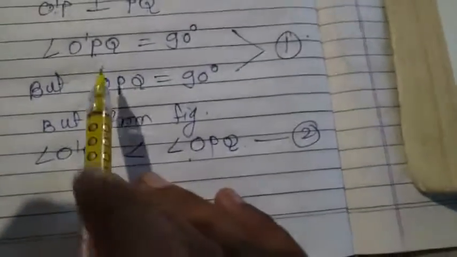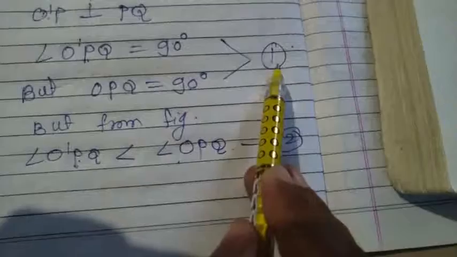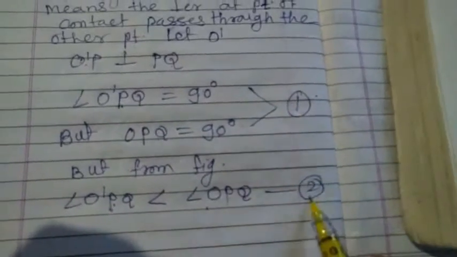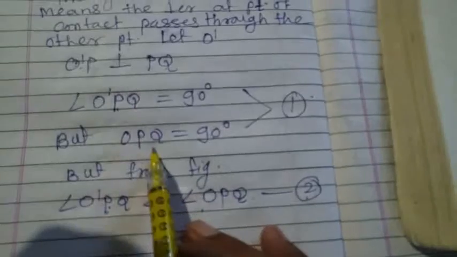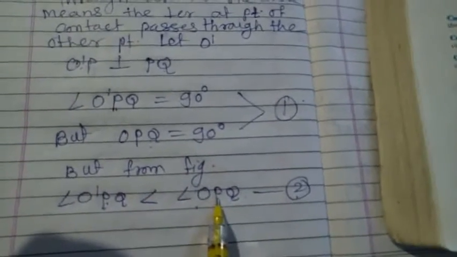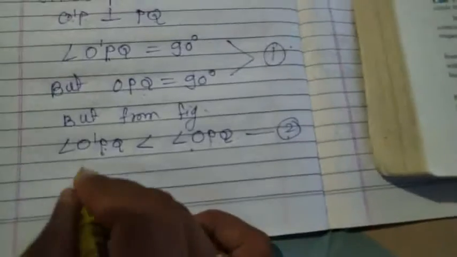In statement 1 it is given that both the angles are equal. Now from equation 1 and 2, from equation 1 both the angles are equal, but from equation 2 one angle is less than the other angle, which is the contradiction.